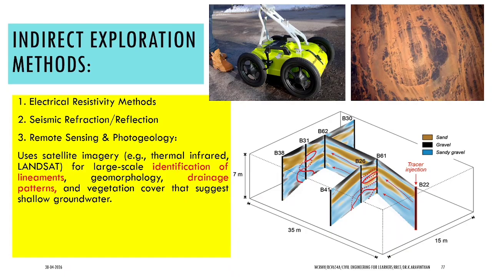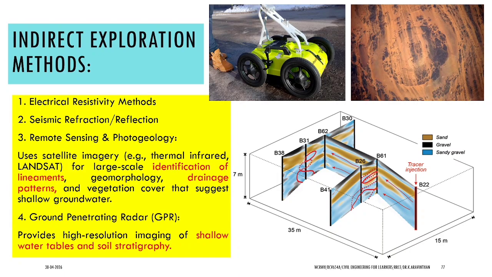Then vegetation cover. Next thing is GPR, ground penetrating radar. You can see this kind of equipment here. This is used for shallow depth analysis. If you run it from one place to another in one direction, it gives you the layers of soil. What are the layers below the ground? Sand, gravel and sandy gravel.